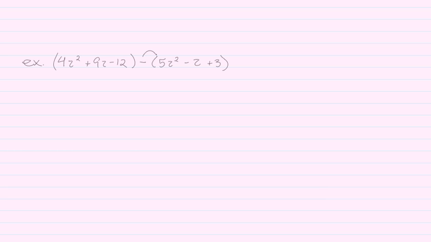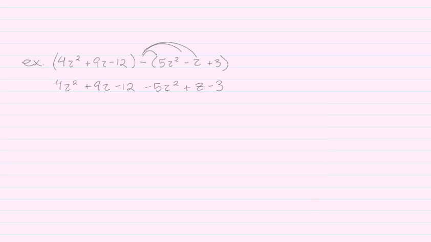So one way I said was to go ahead and rewrite it by distributing, in this case, a negative sign. So I have 4z squared plus 9z minus 12 minus 5z squared plus z minus 3.